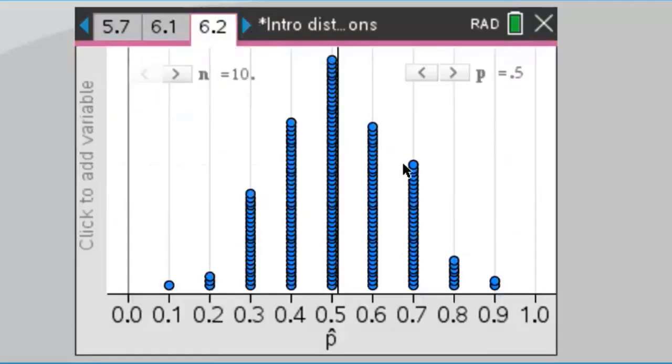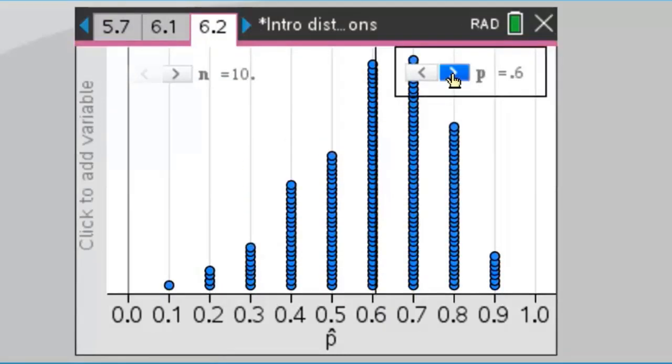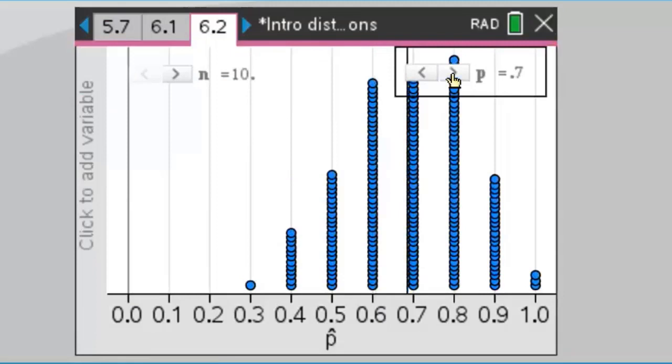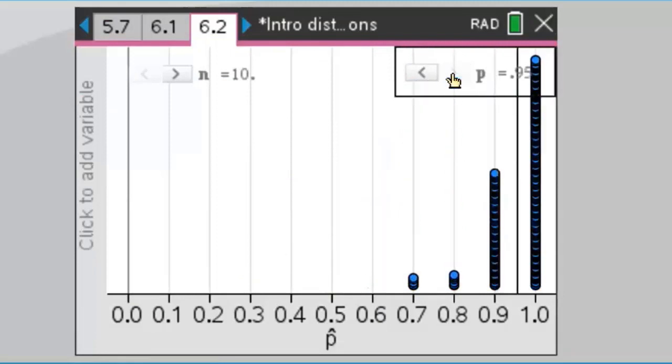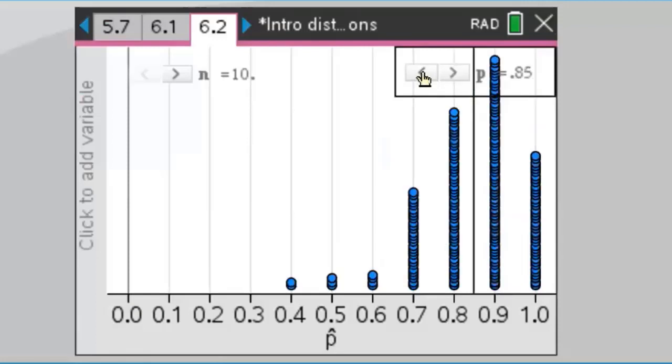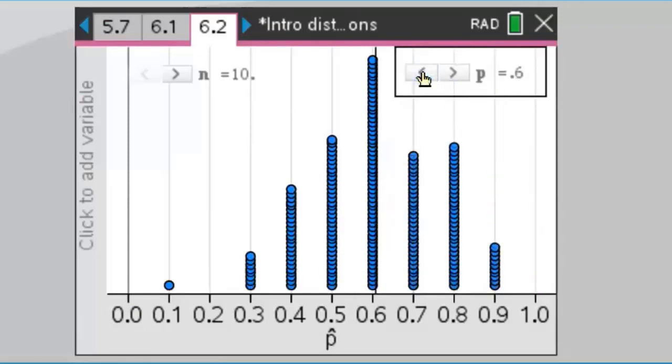All right, so we'll start with a population proportion of 0.5, sample size of 10, very small sample size, and I'll increase the population proportion. Okay, and then I'll decrease the population proportion.